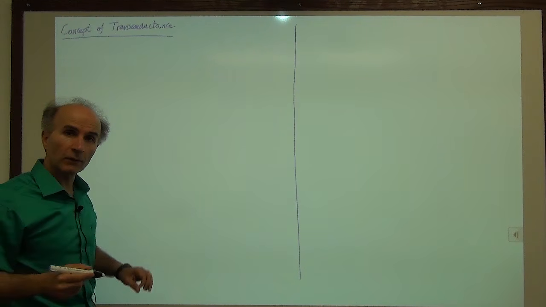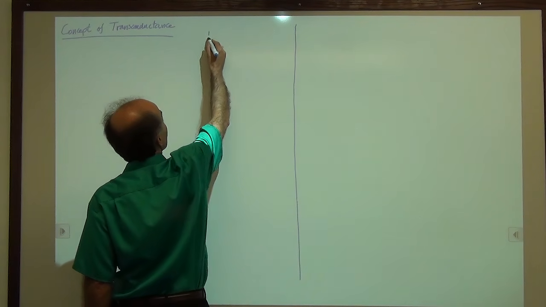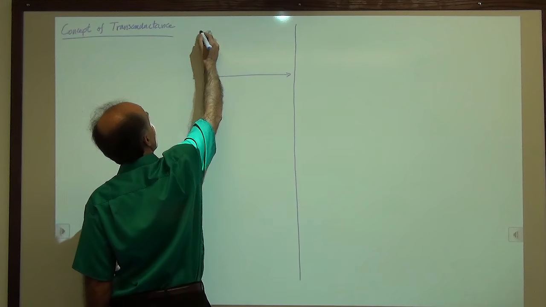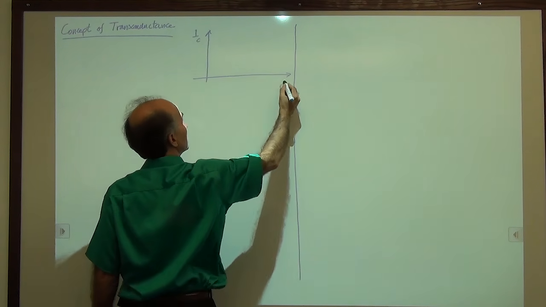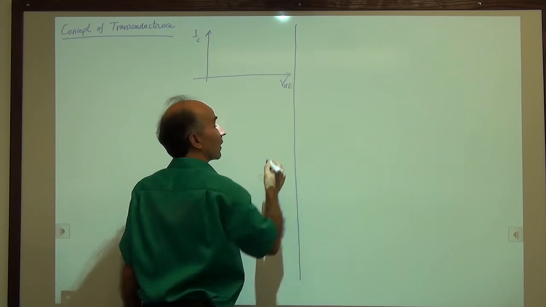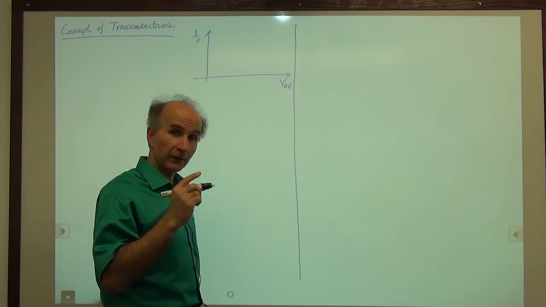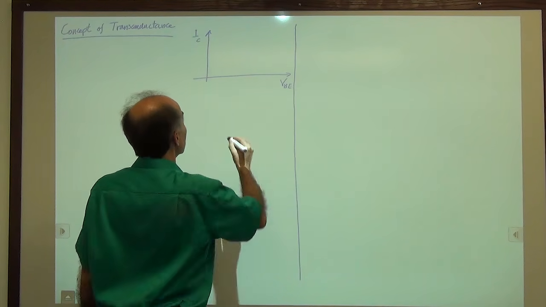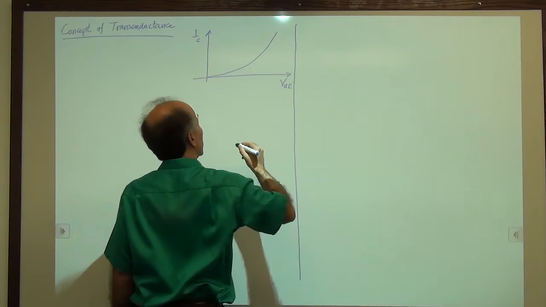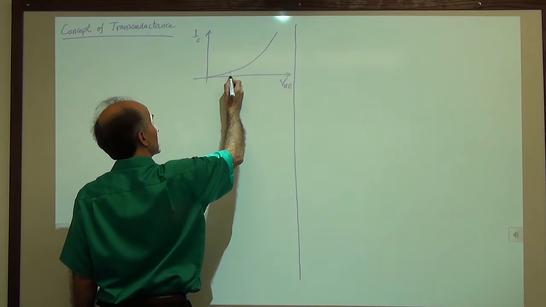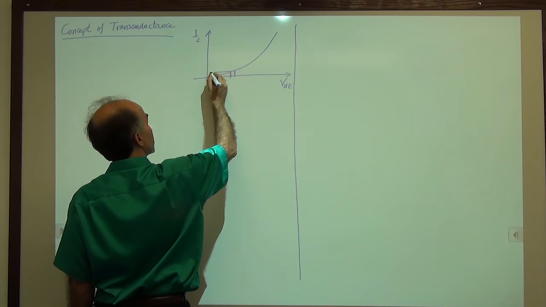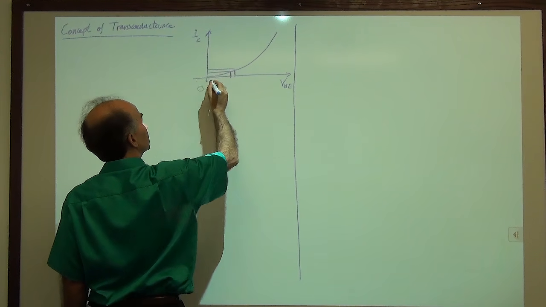Okay, so what we have seen so far is this. If we have IC as a function of VBE, and of course, always in forward active region, then we have an exponential function. And what we see is that if we start from some value and increment, we have a certain increment in the current.